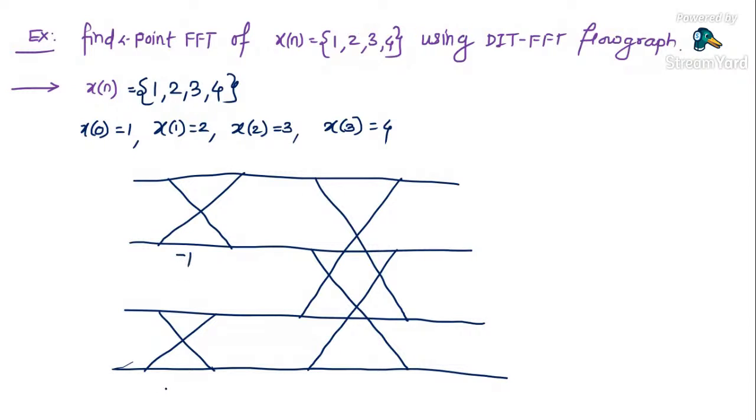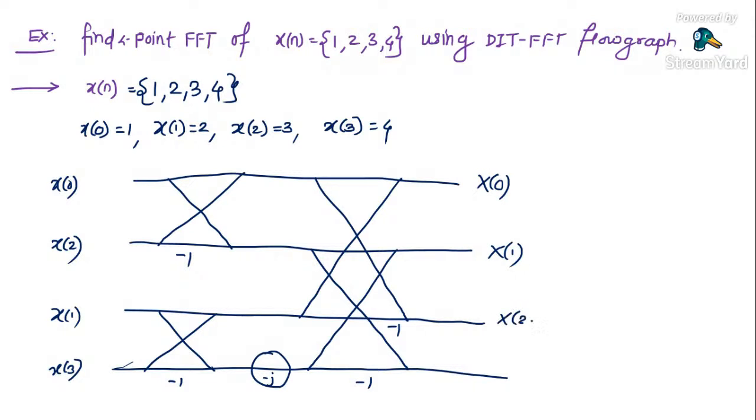It is minus 1, minus 1. This is minus 1, minus 1. This is minus j. Okay, and it is x of 0, x of 2, x of 1, and x of 3. Then it is capital X of 0, X of 1, X of 2, and X of 3. Correct?